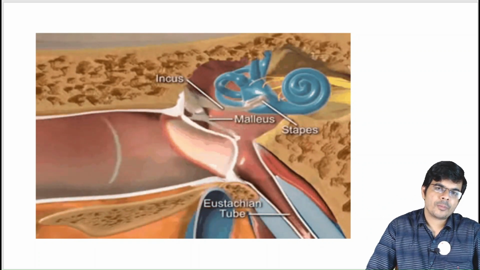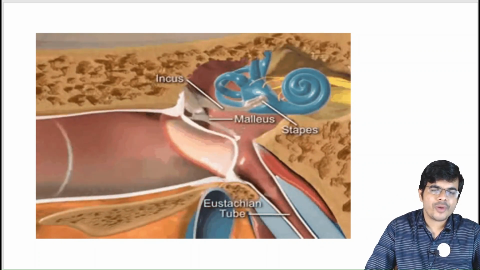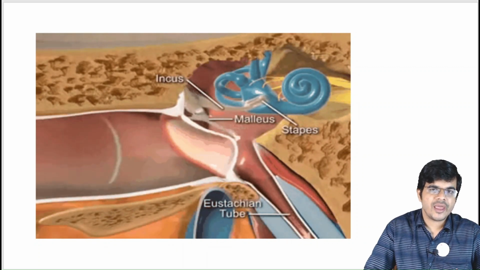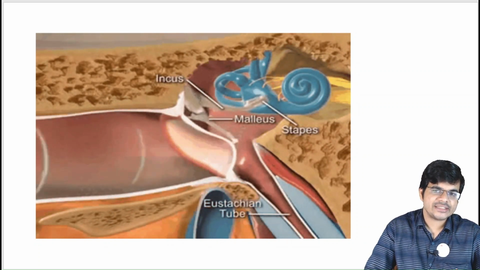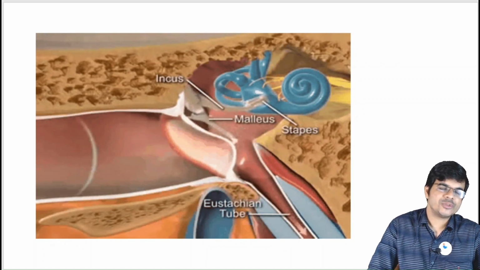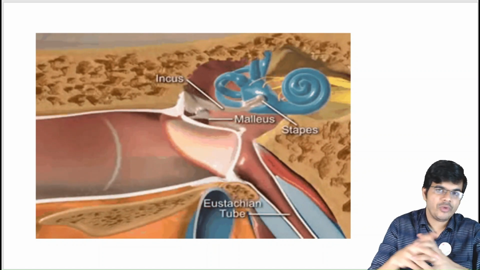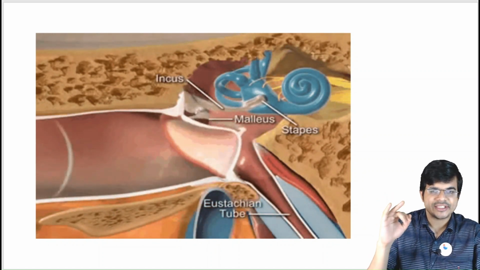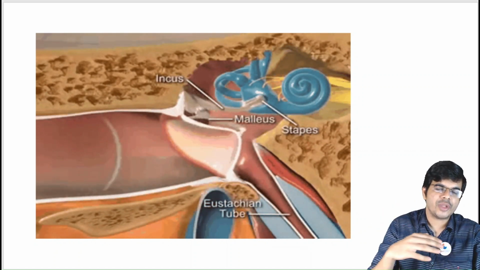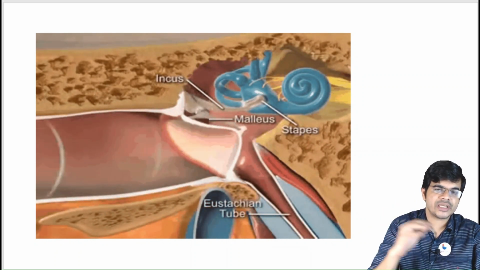So to overcome the resistance offered by the change in the medium, the impedance is being matched, and that is done with the help of the middle ear ossicles. We have three ossicles, the malleus, incus and stapes, and the malleus handle is connected to the pars tensa, between the middle fibrous and inner mucosal layer.